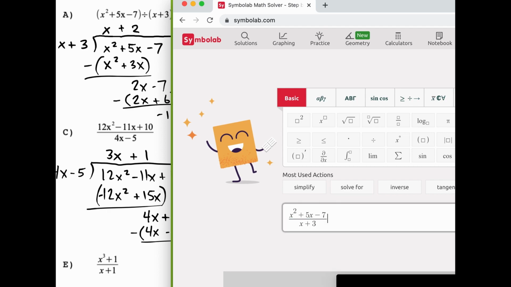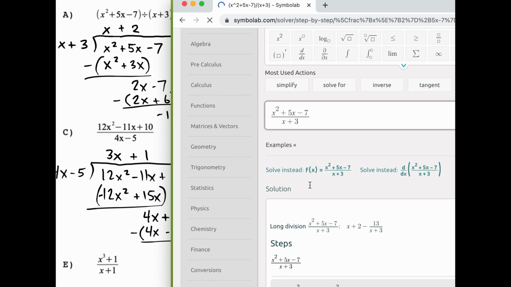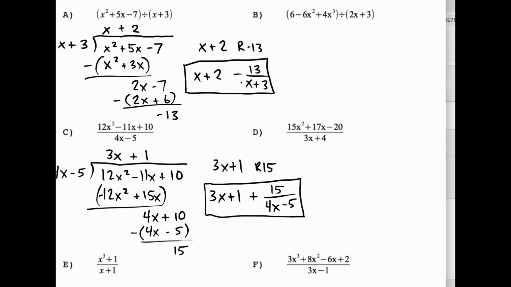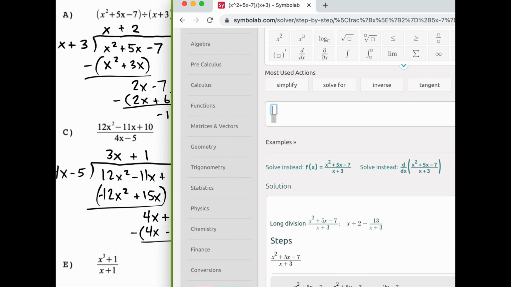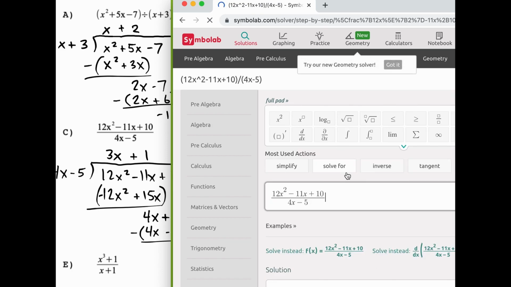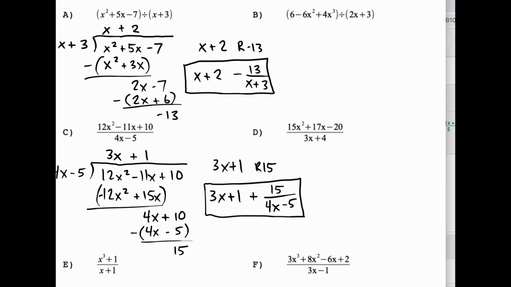That was letter A there. It says the result should be x plus 2 minus 13 over x plus 3. That's what I got. Good. Alright, now let's check the second one. Alright, it's saying it should be 3x plus 1 plus 15 over 4x minus 5. Great, that checks as well.